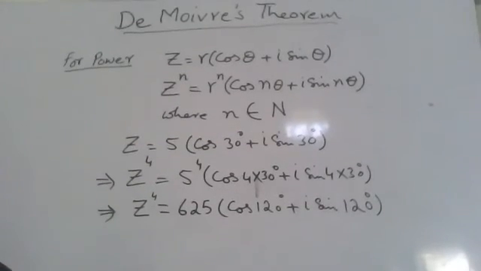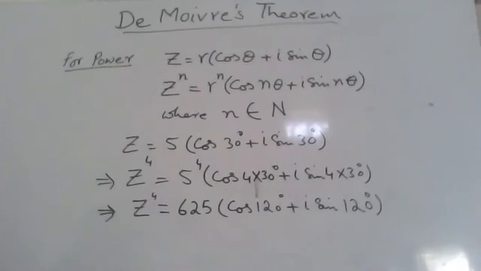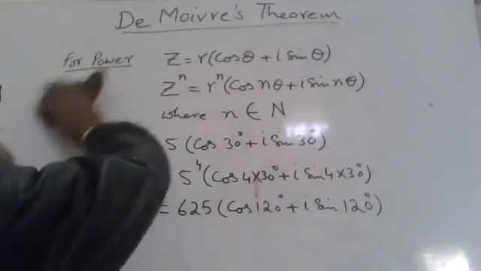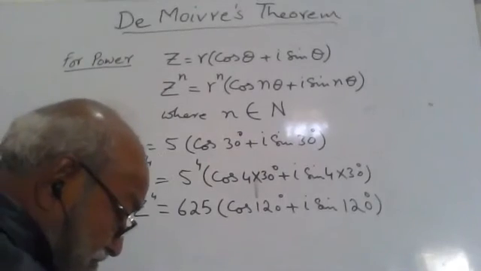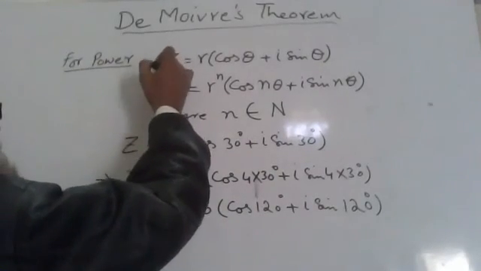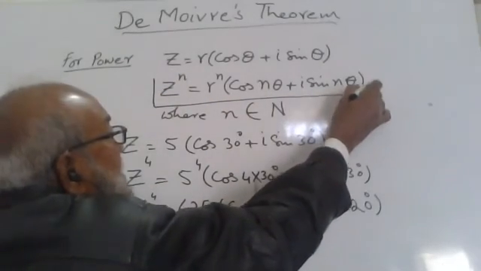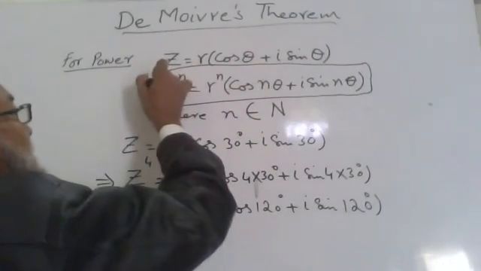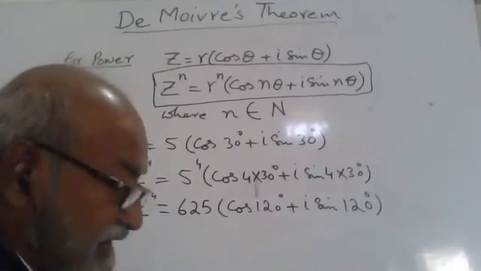So this is the formula you have to remember. When n is a natural number, that means 1, 2, 3, 4, 5, etc.